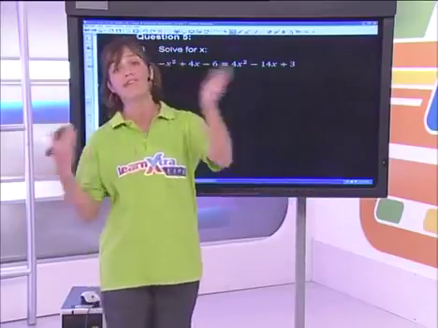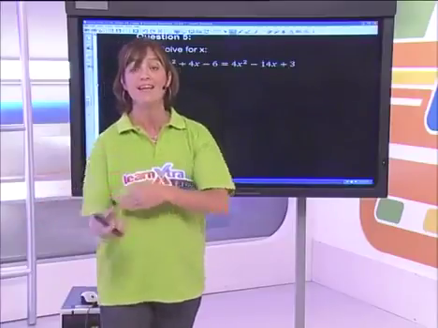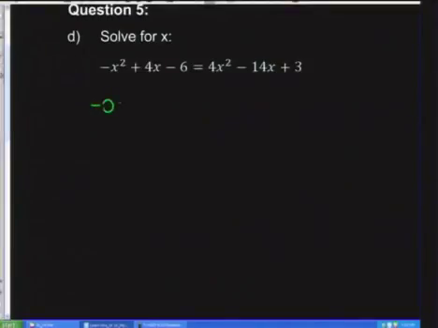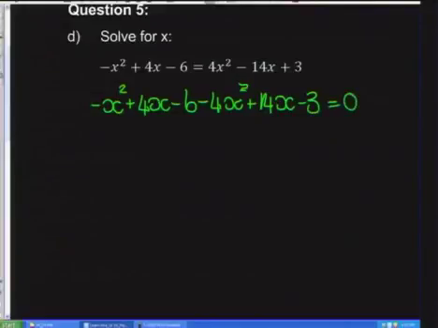We're going to gather everything over to the left-hand side, and you want that right-hand side to be equal to 0, okay? So I'm going to have negative x squared plus 4x minus 6, and I'm going to have minus 4x squared plus 14x minus 3 equals 0.